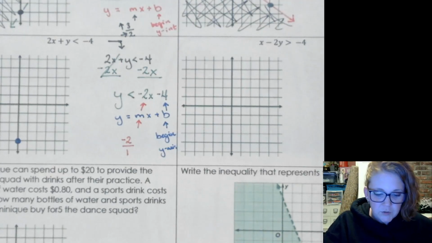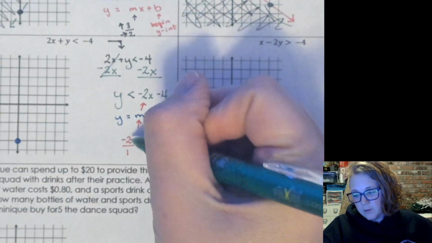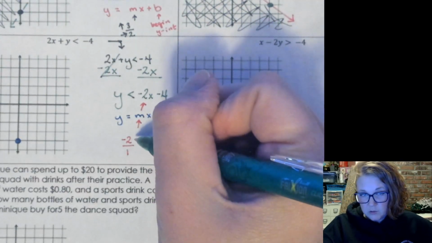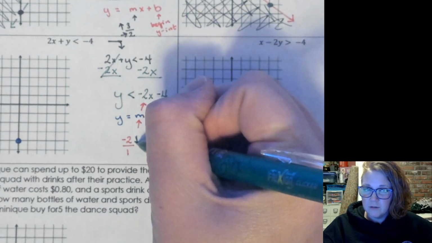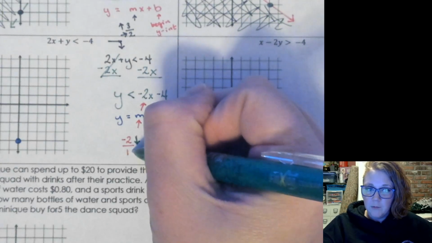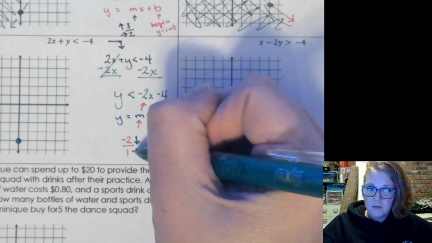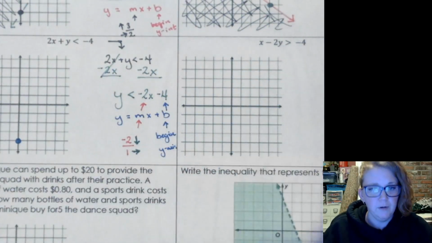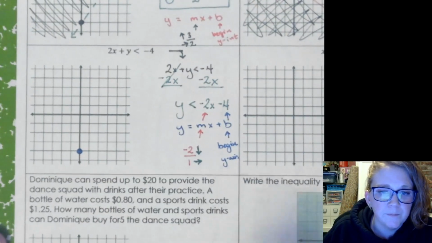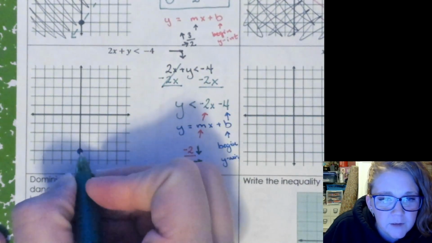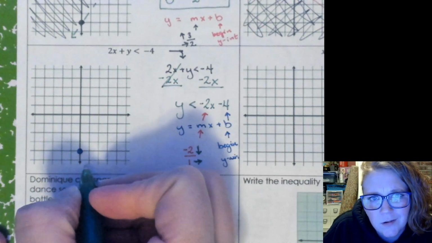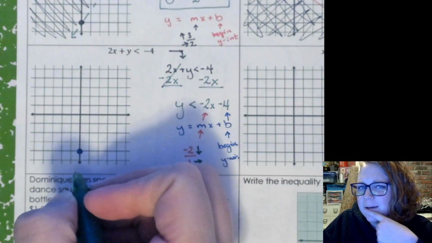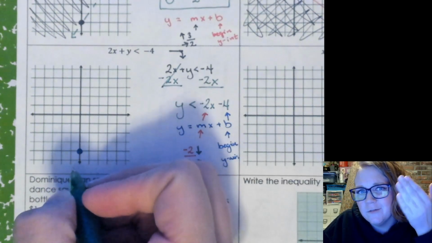So let's try it. On the top, we have a -2. Because it's a negative, instead of going up, you're actually going to go down 2. And then remember, you always go right. Right's right, left's wrong. So if we go down 2... oh wait, we can't fit that. So what did we do last time when we couldn't fit it on the graph?